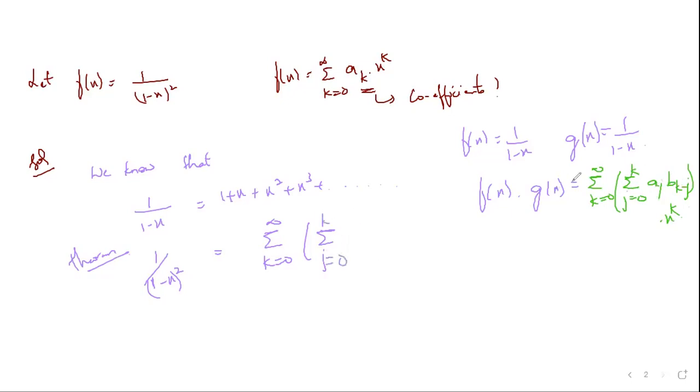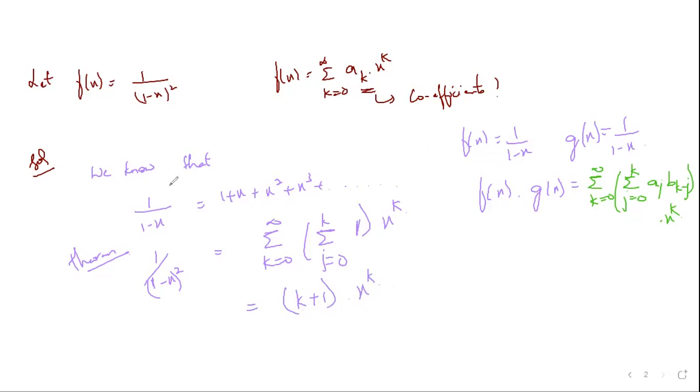What are the coefficients a and b of these series? Both are 1. So we will be writing 1 into x power k. Now when we expand the summation, j is equal to 0 to k, each time we add 1, so this can be written as actually k plus 1 into x power k.